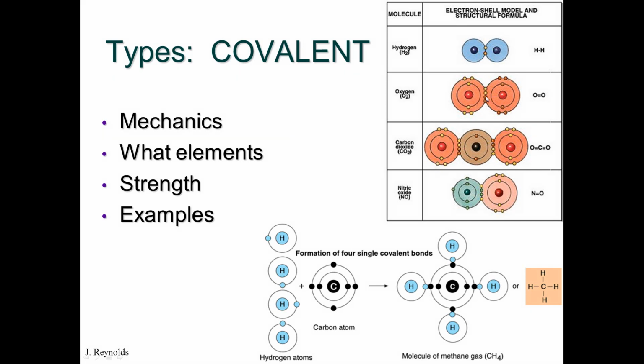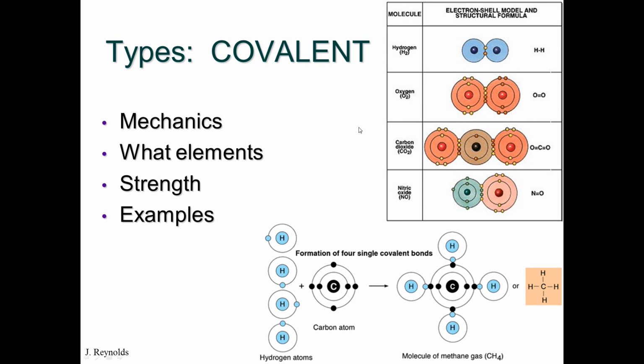The electrons are kind of equidistant from the nucleus of both atoms. So this is about a 50-50 sharing. And because this is a sharing, the O2 molecule that you see here is nonpolar. In other words, there's no charge on the molecule. The left side of the molecule is the same as the right side of the molecule.